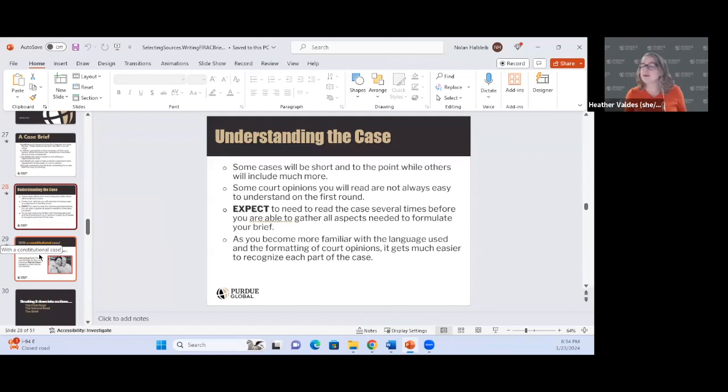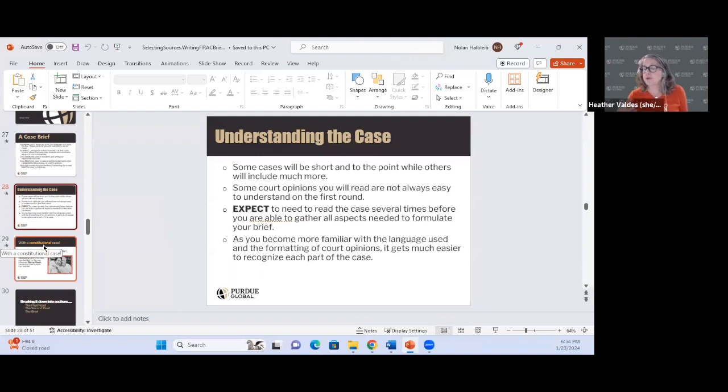And sometimes other justices or judges will draft opinions that are really difficult to move through. You won't be able to really discern exactly what they're saying, and it'll take a couple of reads and some further exploration to really understand what the court means. So anticipating this going in is always important. You should expect to read the case more than once.